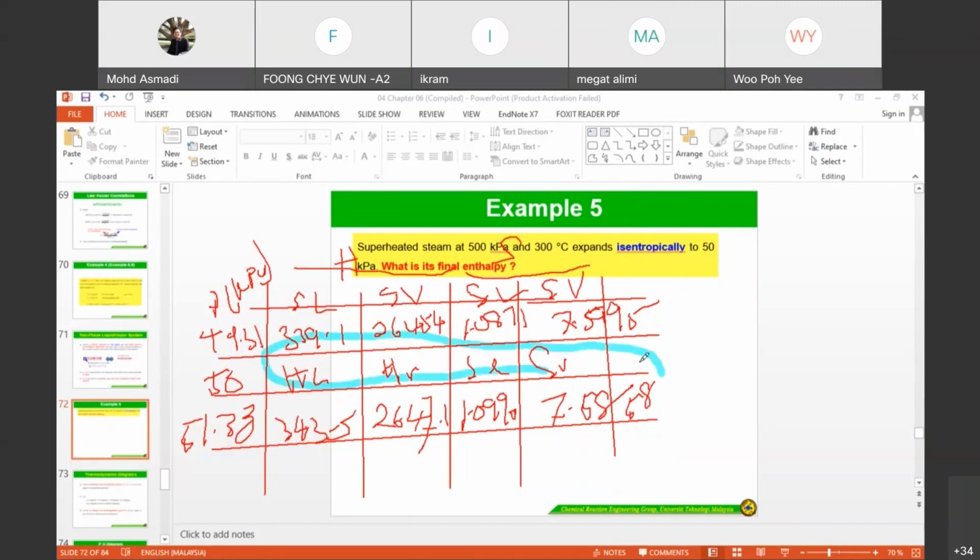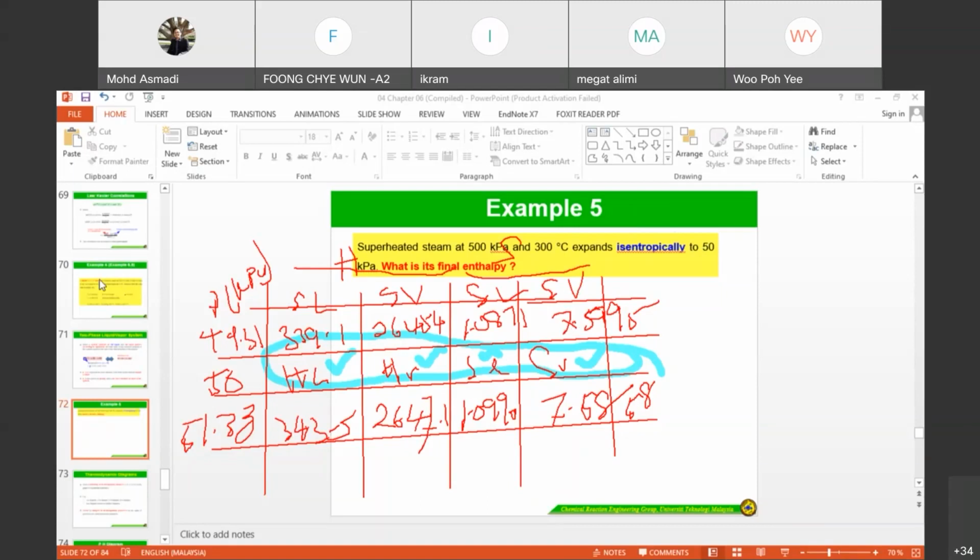So you have to determine HL, HV, SL, and SV. You already determined S1 from table F1, but the problem is we have to calculate the enthalpy, H2. Because this is isentropic, the entropy is the same at the first condition and second condition.